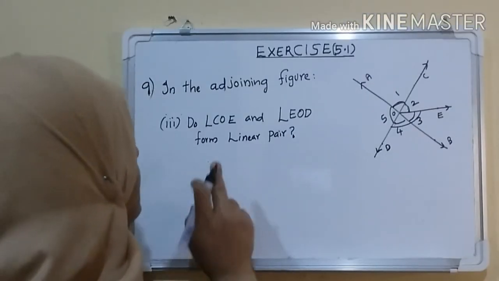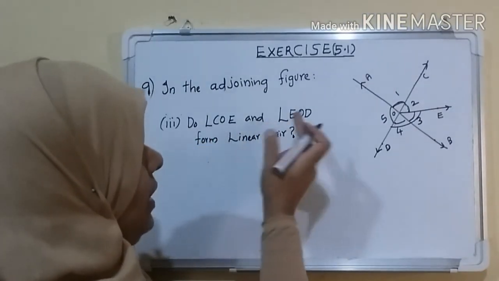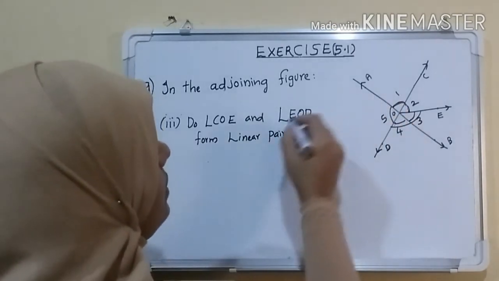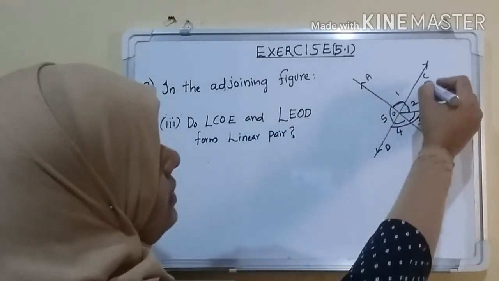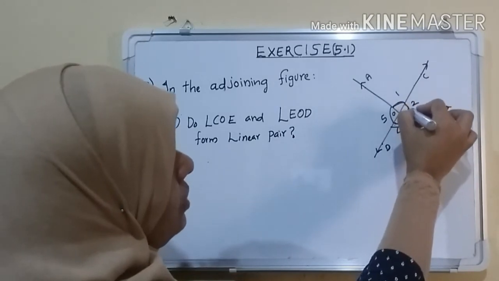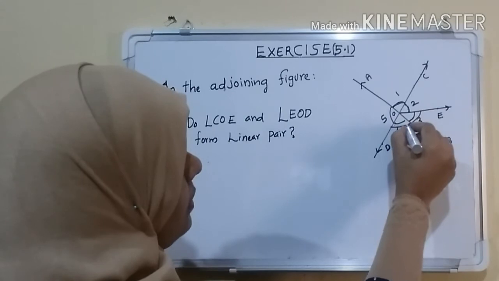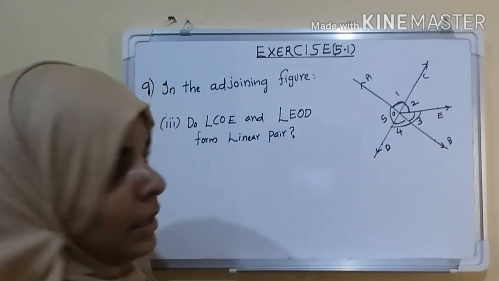Okay. For the third question, do angle COE and angle EOD form a linear pair? Angle COE, this angle 2, and angle EOD, this big angle, form a linear pair.